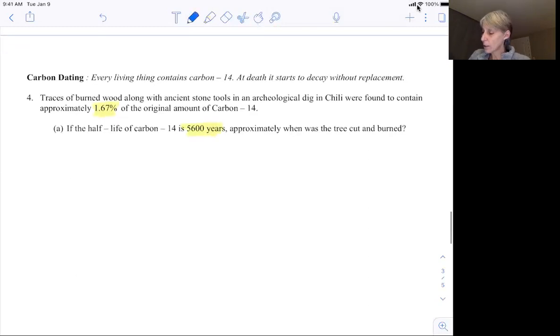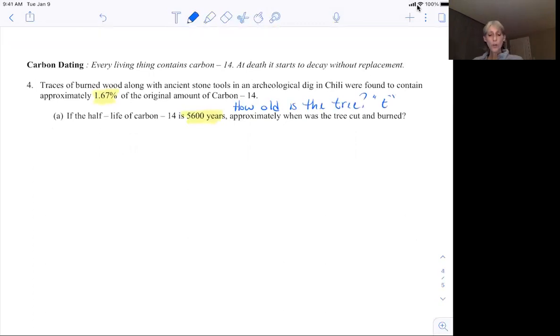Basically, it's asking you, how old is the tree? So we're really looking for some time. But again, this is going to be a two-step problem, similar to the first problem we did.